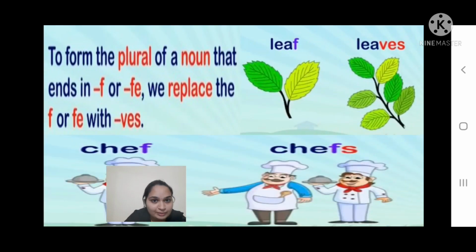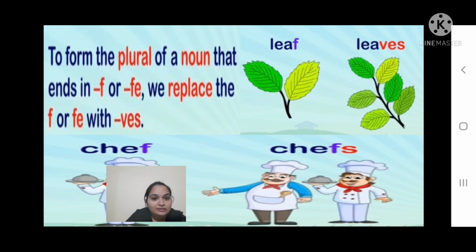We also should remember that to form the plural of a noun that ends with f or fe, we replace f or fe with ves, and there is an exception for that also. Just like mango and piano, there is an exception for this also. For example, leaf ends with f, so we remove f and we make it ves. A few more examples for it are knife, wife, thief.